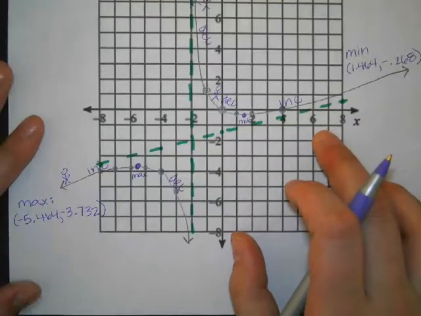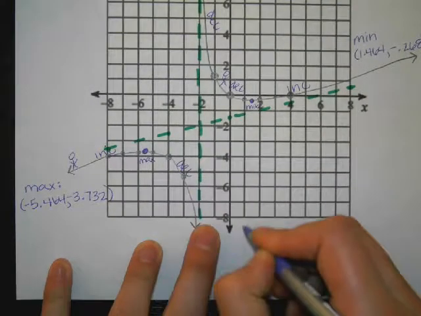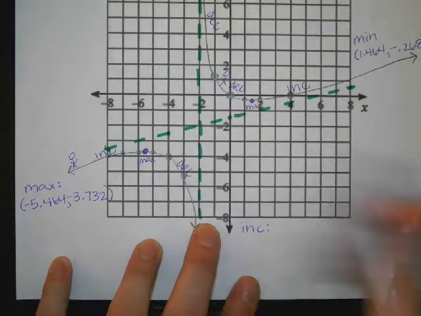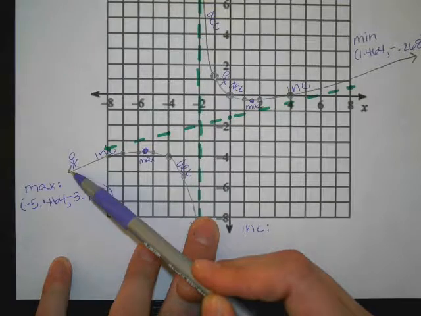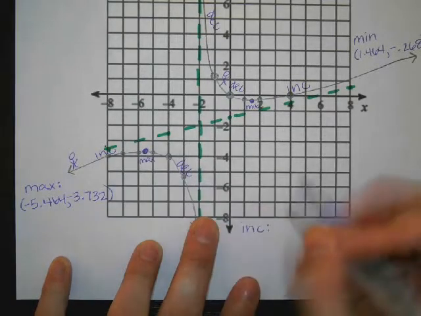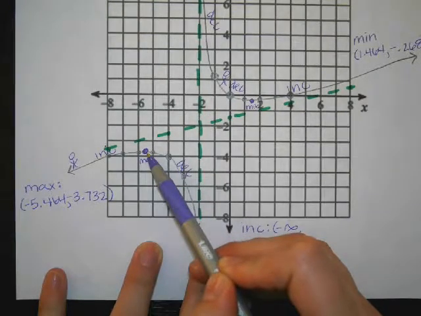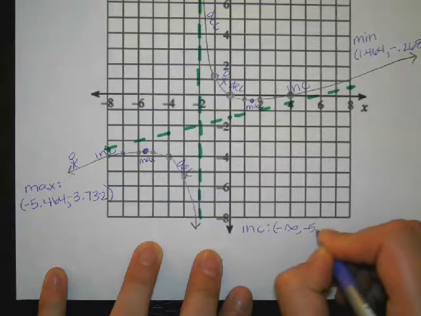All right. So if we're going to go ahead and write our increasing and decreasing intervals, do we use the x or the y coordinate to do this? X. So the x coordinate at a left arrow, negative infinity. The x coordinate at the max, negative 5.464.